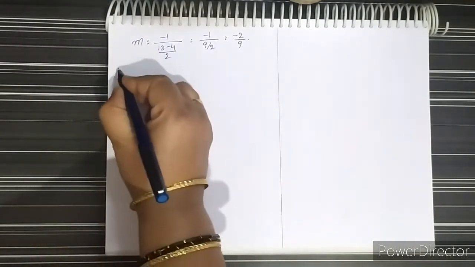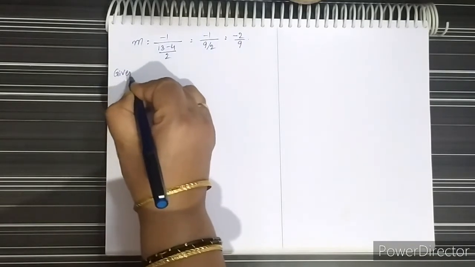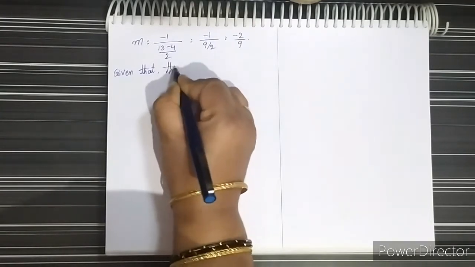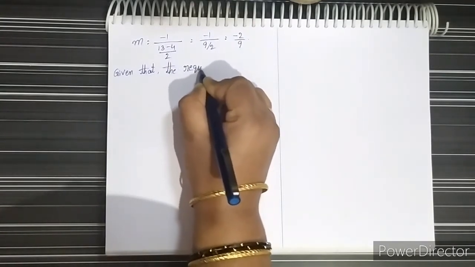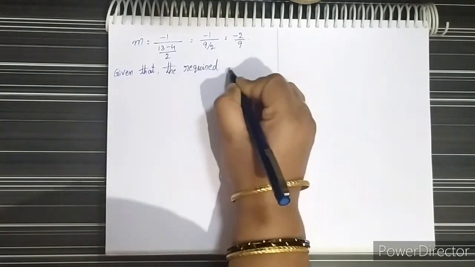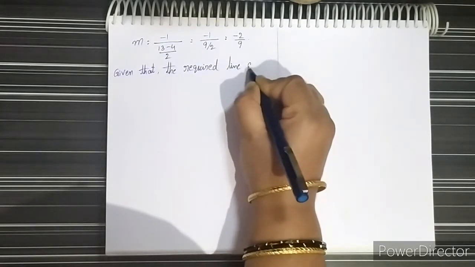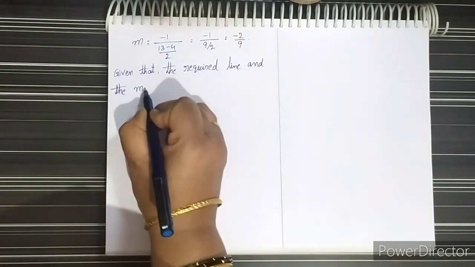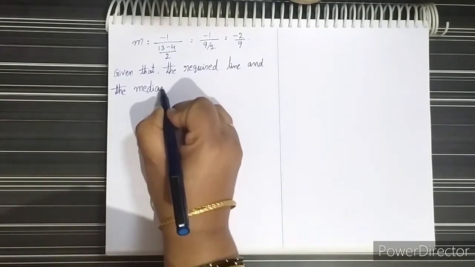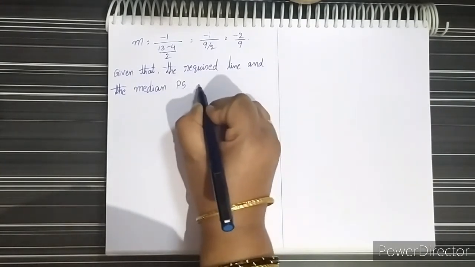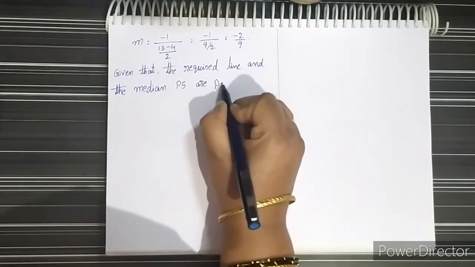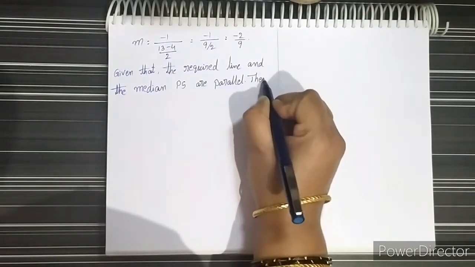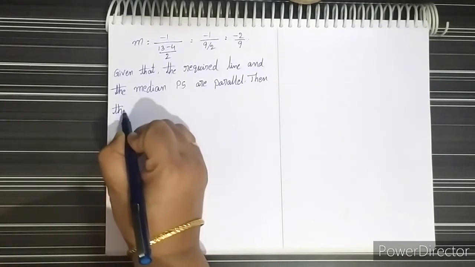According to the problem, the required line and the median PS are parallel to each other. Then their slopes are equal.